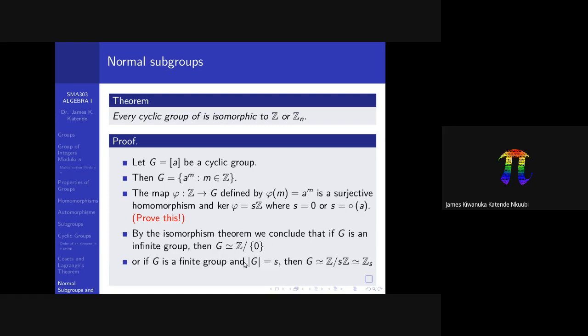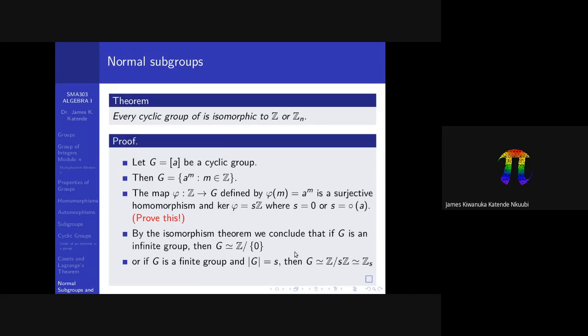Now, if G is a finite group and the number of elements in G is S, in other words, the same thing we said here, the order of A is S, that should give us the number of elements in G, because A is the generator of G. Then, since the kernel is simply the set of all multiples of S, this factor group will be isomorphic to the image.